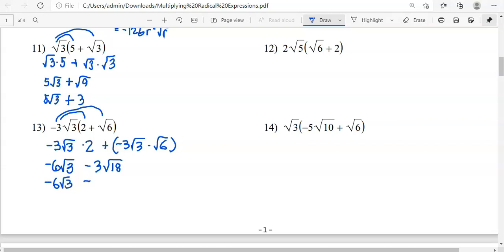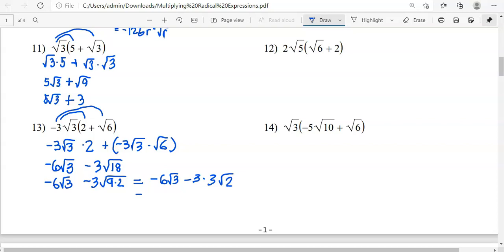Then, i-simplify natin tong square root of 18. Okay, kunin natin yung factor. Negative 3 or minus 3 times square root of 9 times 2. Then, our answer is negative 6 square root of 3 minus 3 times 3 square root of 2.